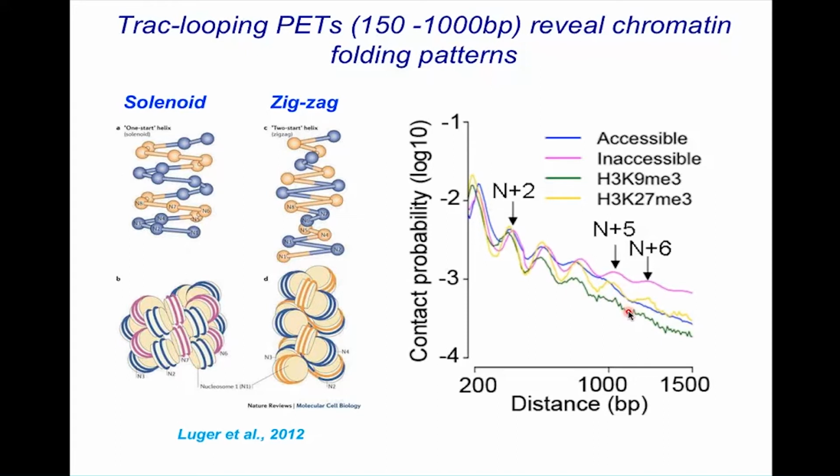So looking at the K9 methylation, we see very little N+5 or N+6, suggesting that the K9 methylation region is mainly zigzag, but not solenoid. But for the K27 methylated regions, represented by the yellow line, we see peaks at both N+2 and N+5 or 6, representing chromatin folding for both zigzag and solenoid patterns.